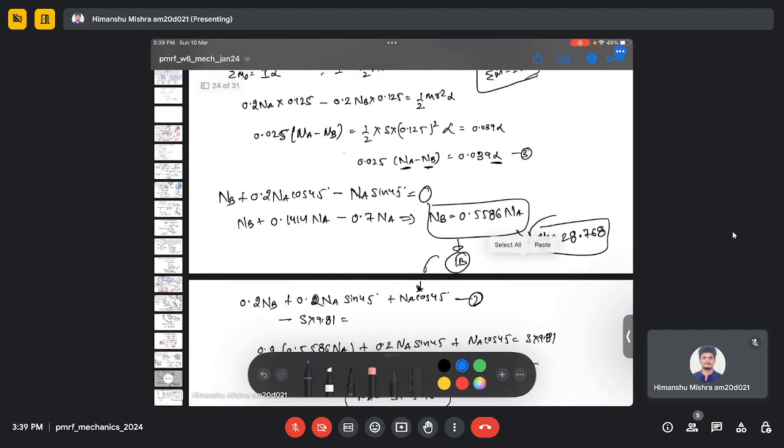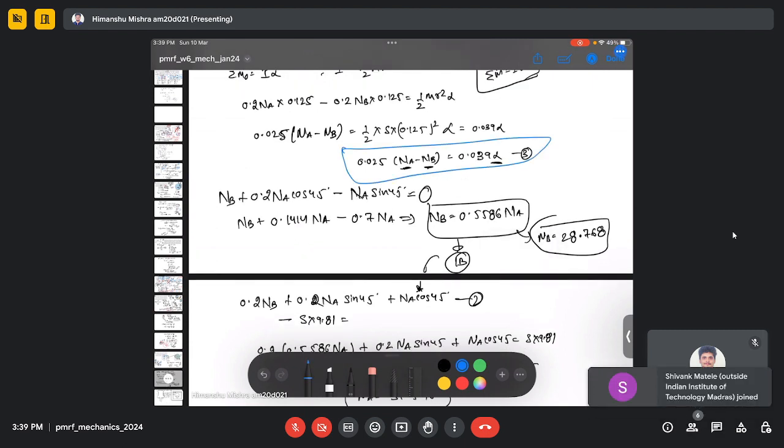Then we can use equation 3 to find out alpha.